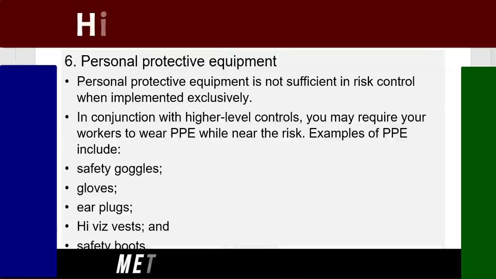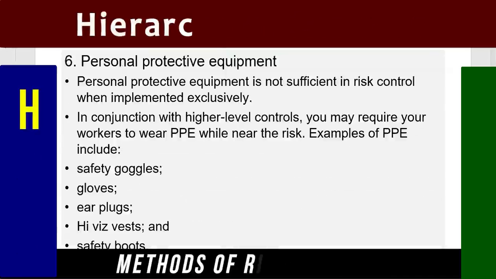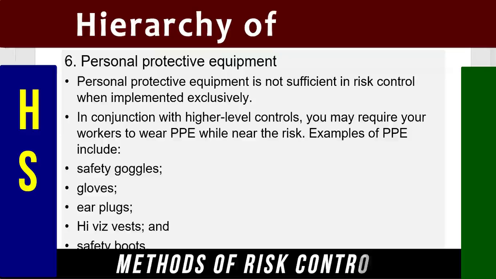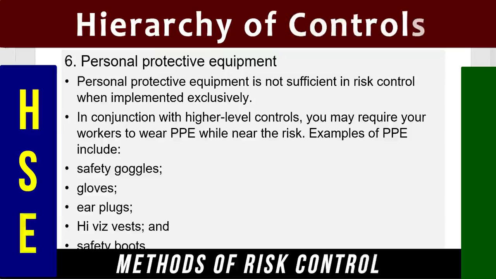Hierarchy of controls, element number six, personal protective equipment, PPE. Dear friends and fellows, personal protective equipment is not sufficient in risk control when used exclusively, without higher level controls. You may require your workers to wear personal protective equipment while near the risk.